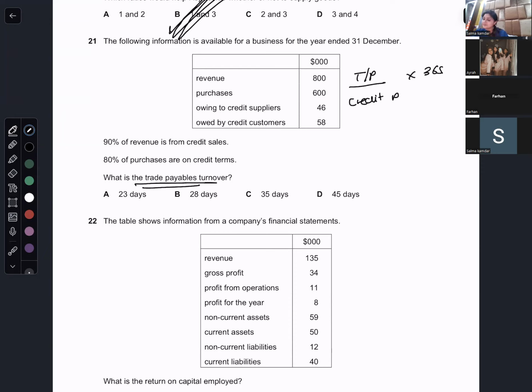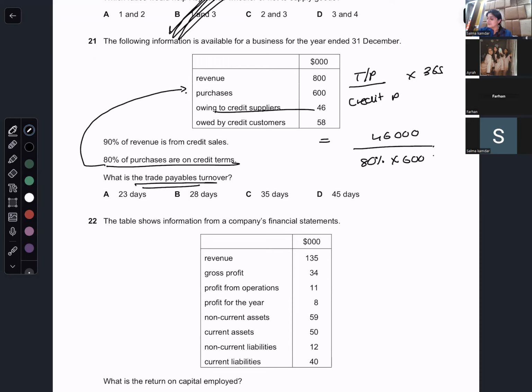Amounts owing to credit suppliers would be trade payables: 46,000. Credit purchases: 80% of purchases are on credit terms, so 600,000 into 80% is 480,000. So 46,000 divided by 480,000 into 365.